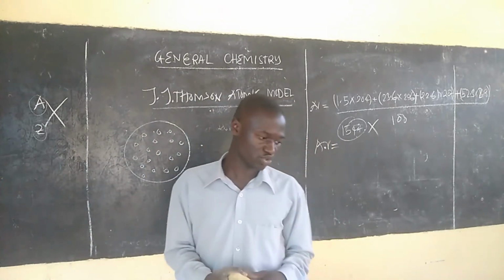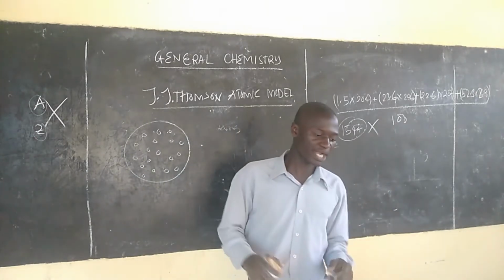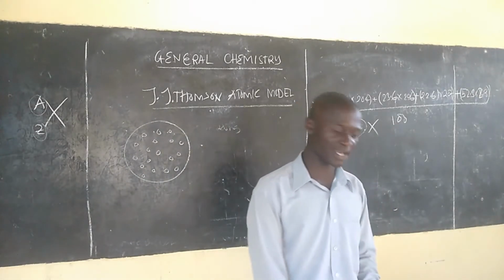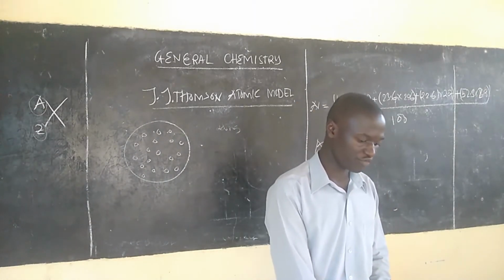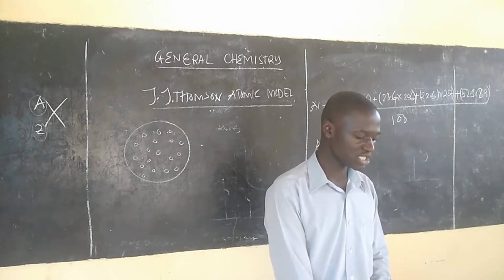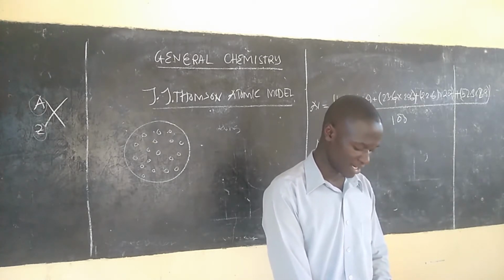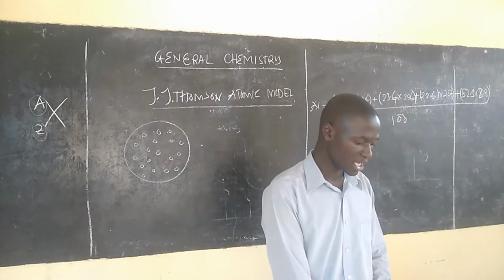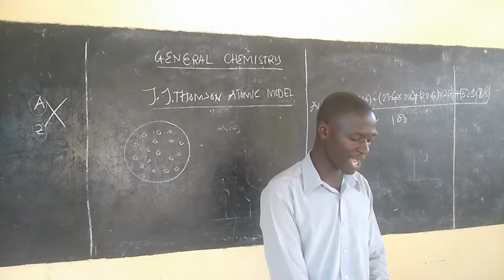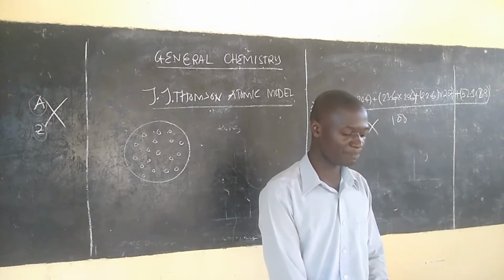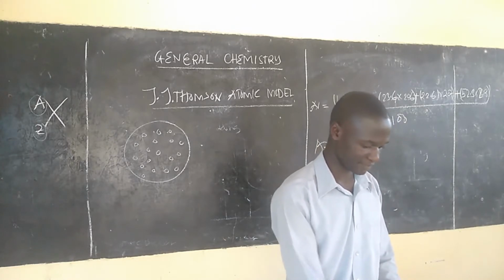According to J.J. Thomson, an atom can be considered as the large positive charged sphere like padding in which electrons were embedded like plums in a padding.